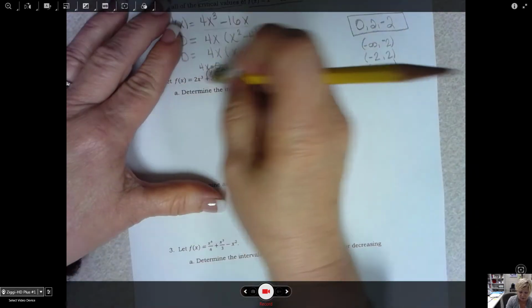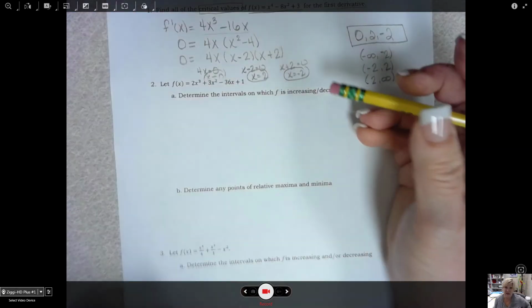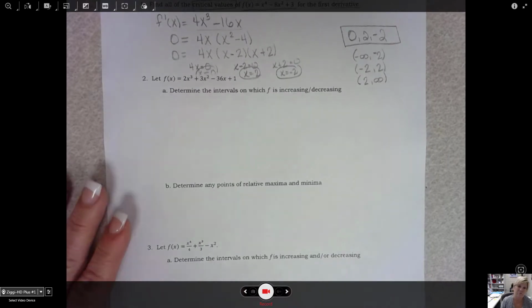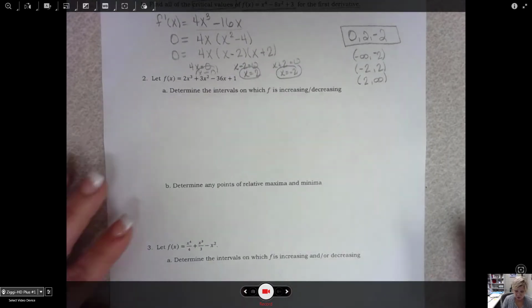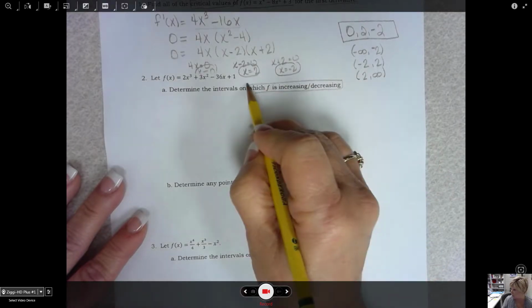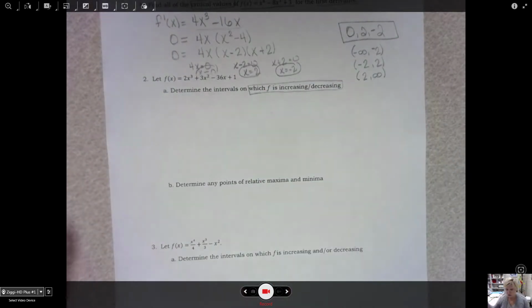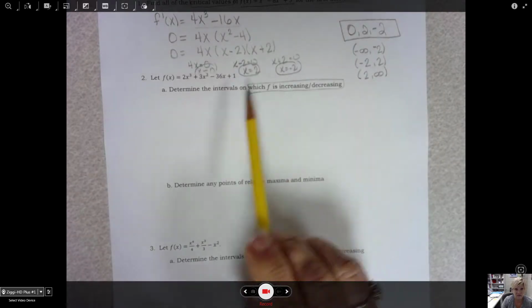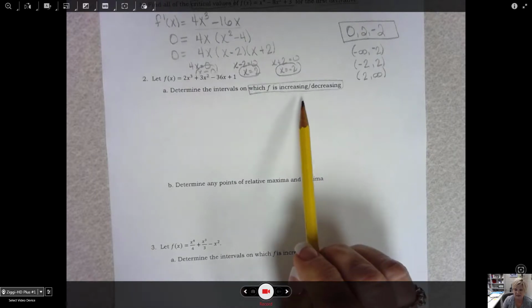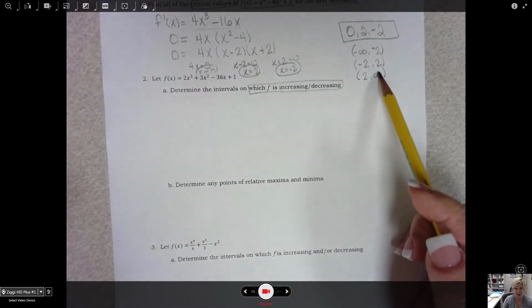This second problem gives us another function. Let f of x equal 2x, you see it. Determine the intervals which f is increasing or decreasing. So first we have to find first derivative and set up our intervals from our critical values and do test values.